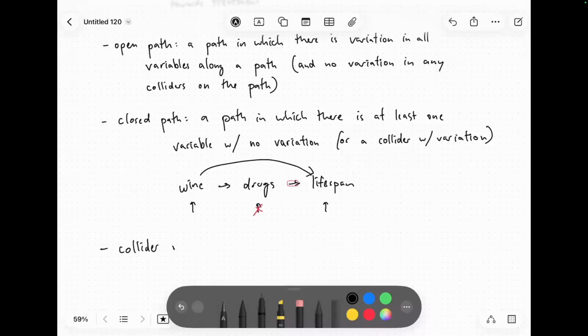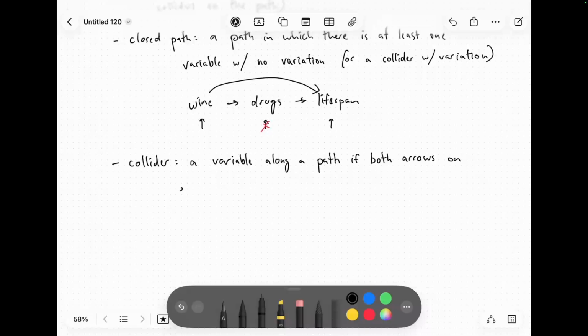Collider, this is a variable along a path if both arrows on either side of it point at it.